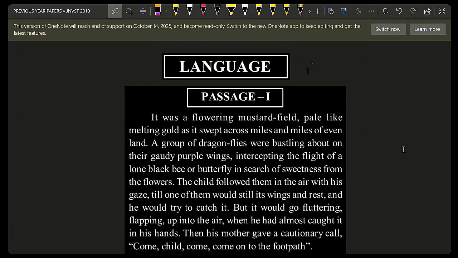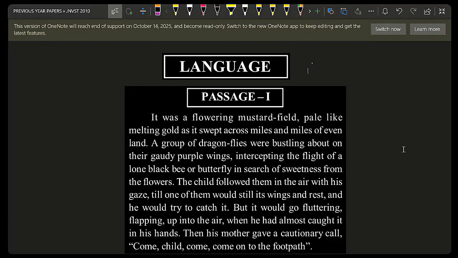The child followed them in the air with his gaze. So he's gazing, wondering how they are flying. Till one of them would still its wings and rest, and he would try to catch it. But it would go fluttering, flapping up into the air.